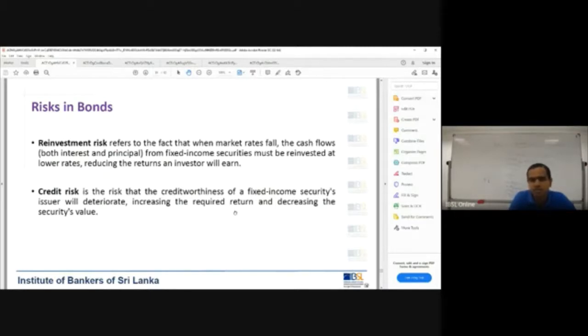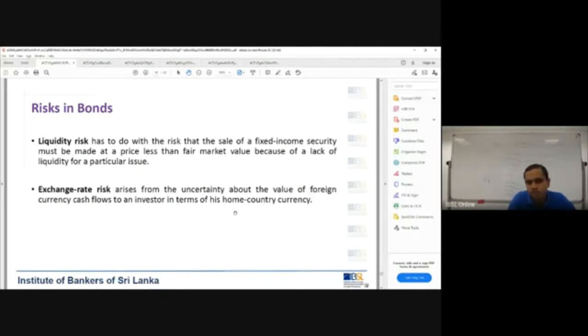So there can be default risk. Liquidity risk. If you buy a bond, you might not be able to sell it. That's called liquidity risk. It has to do with the risk that the sale of a fixed income security must be made at a price less than fair market value because of lack of liquidity for a particular issue. And so you might end up selling at a loss.